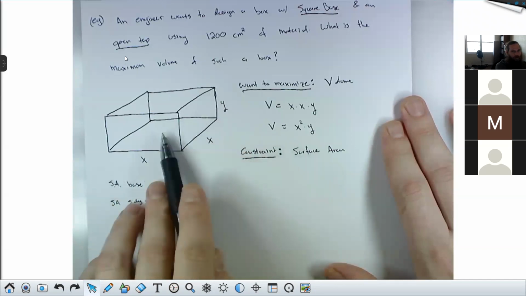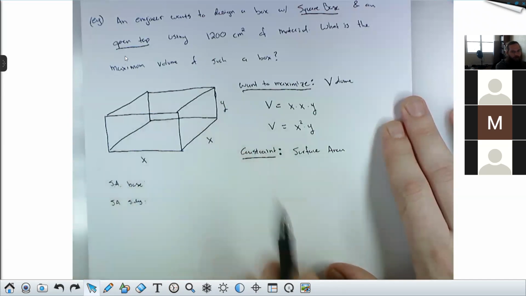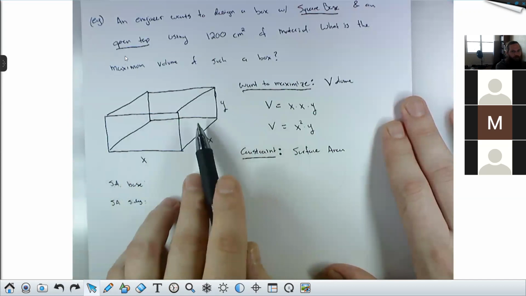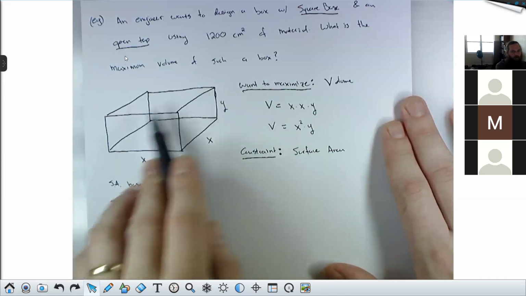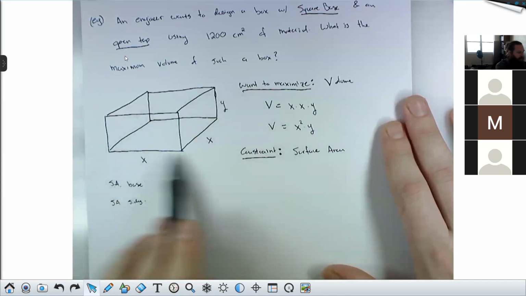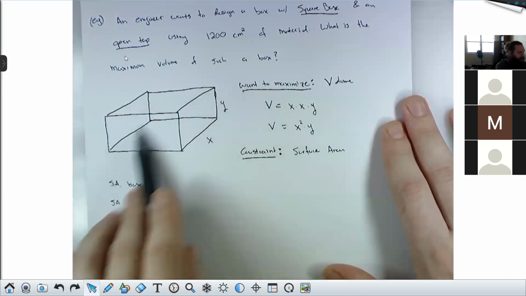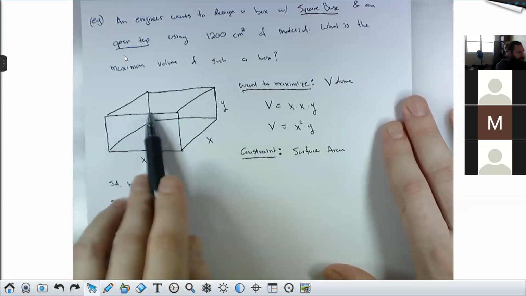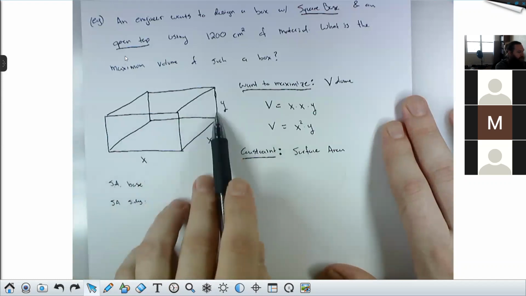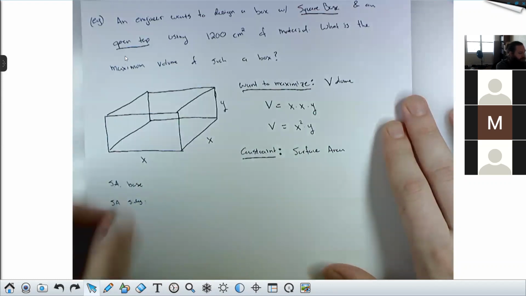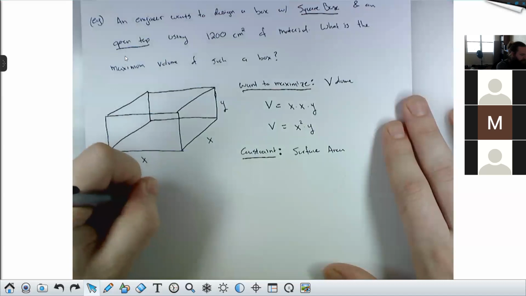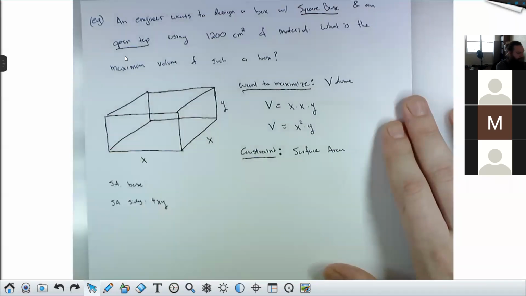And there are 1, 2, 3, 4 of those, each with width x and height y. So the surface area from the sides is 4xy.